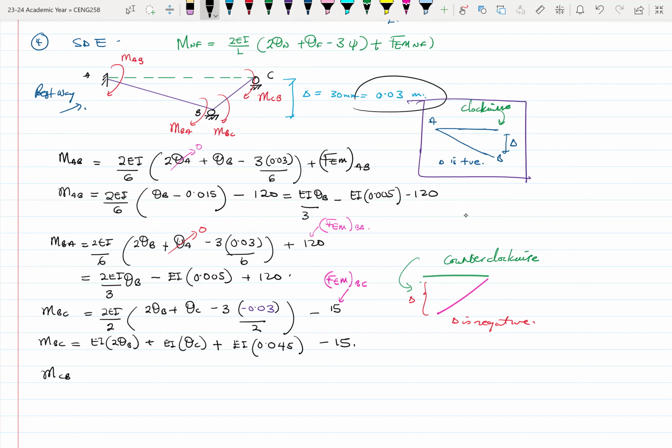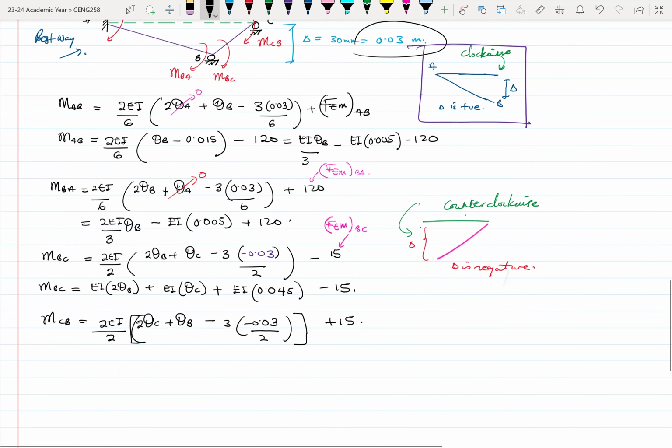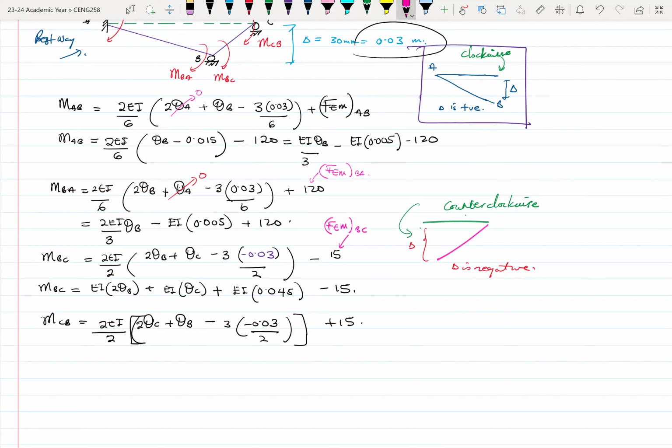Then MCB will be equal to 2EI over 2 times 2 theta C plus theta B minus 3 into bracket minus 0.03 all over 2, then plus 15, okay, for the fixed end moment. So this is going to be FEMCB. Okay, just take note.